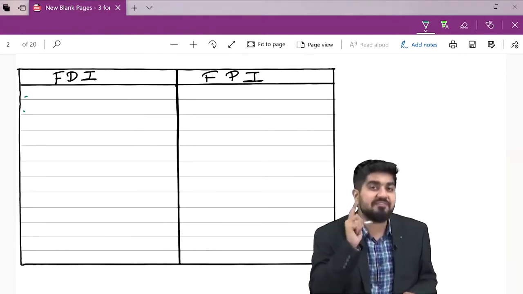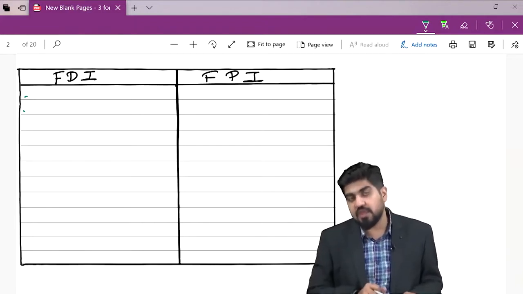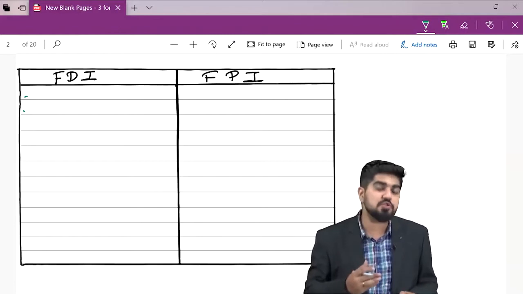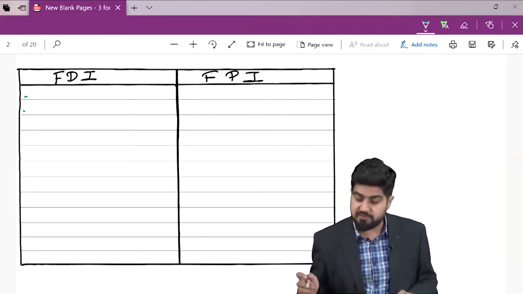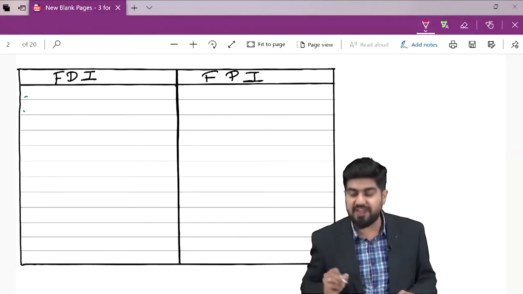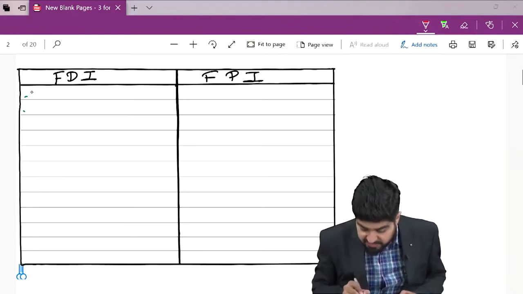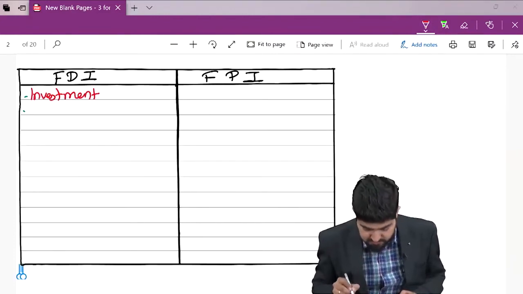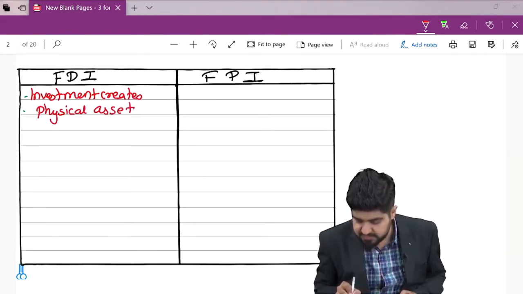Yes, it's FDI. See, when FDI investment comes into our country, obviously it will be used to generate more and more physical assets. Whereas FPI investment will bring only financial assets into our country. So, FDI investment creates physical assets.